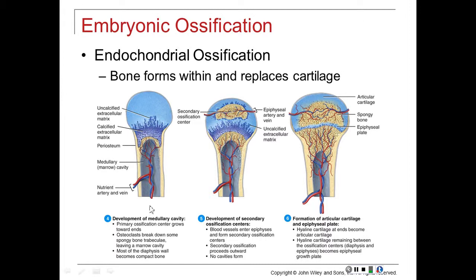And you can see the progression of it here. The development of that inner medullary cavity is continuing to happen. The ends of the bones, the epiphyses at this point, are still uncalcified matrix, still cartilage, but as the diaphysis continues to grow, the ossification centers continue to pop up along the ends of our bones, ossifying that uncalcified material, and eventually the diaphyses and epiphyses are both calcified and full of functional osteons.